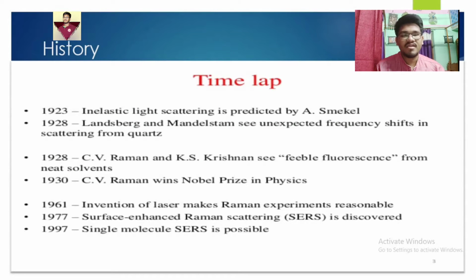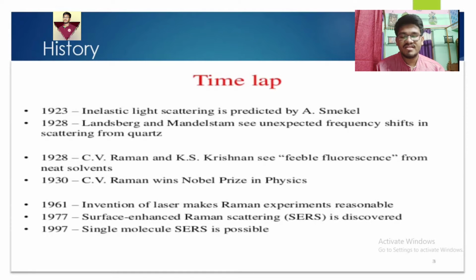Well, how did the history develop? Let us look at the timeline. Starting from 1923, inelastic light scattering was predicted by Smekal. In 1928, Landsberg and Mandelstam saw an unexpected frequency shift in the scattering from a quartz crystal, and in 1928 C.V. Raman and K.S. Krishnan saw feeble fluorescence from neat solvents. In 1930, the Nobel Prize in physics came for Raman spectroscopy to C.V. Raman, a great scientist.